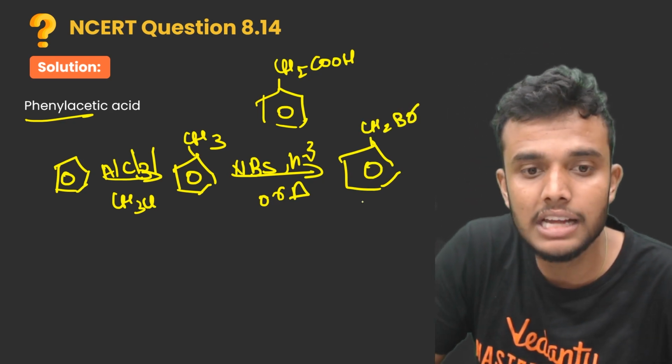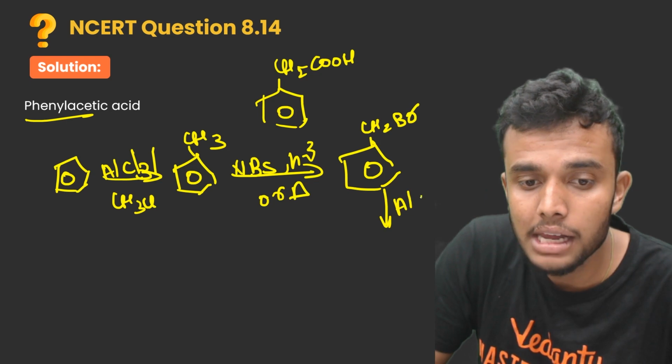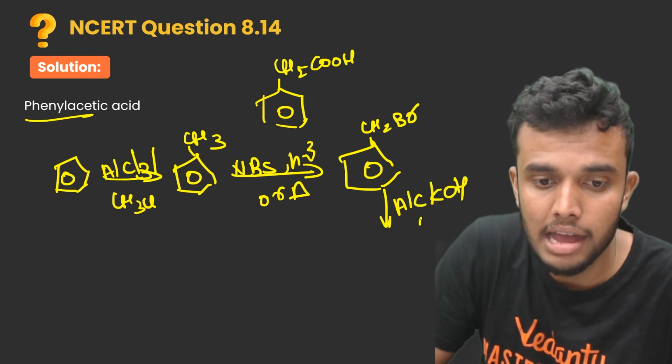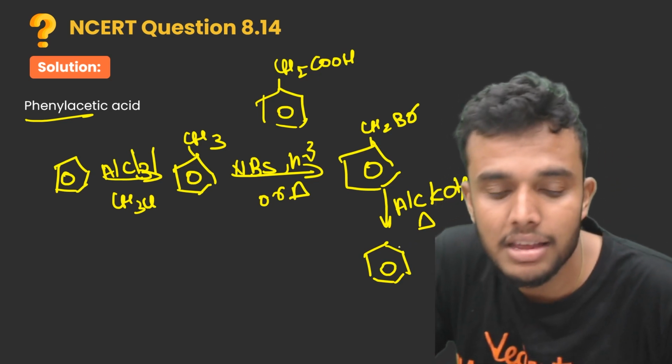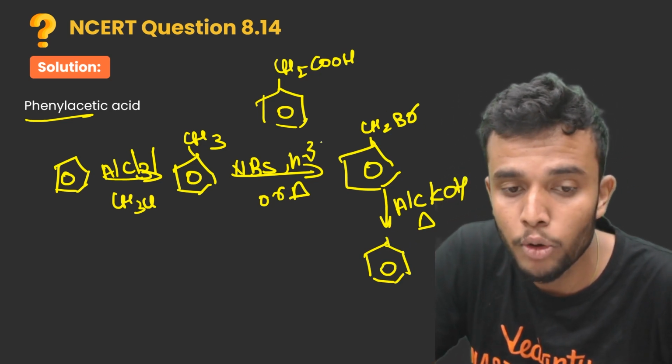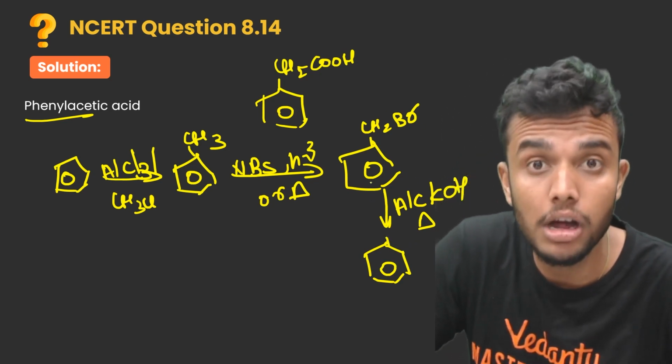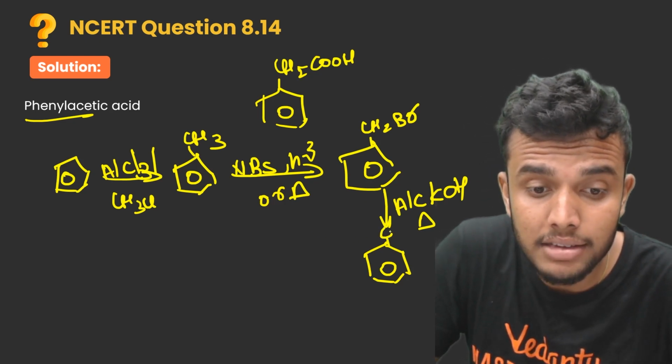Next step, it reacts with alcoholic KCN. What does it yield? Benzyl cyanide. Benzyl bromide undergoes reaction to yield benzyl cyanide.